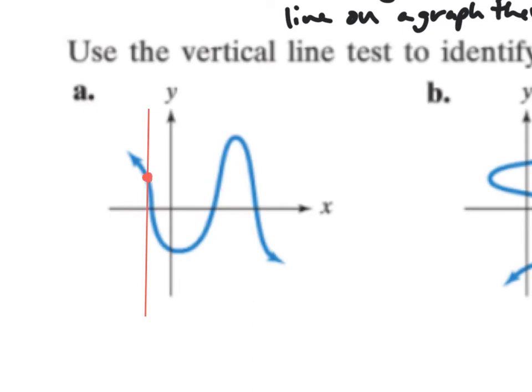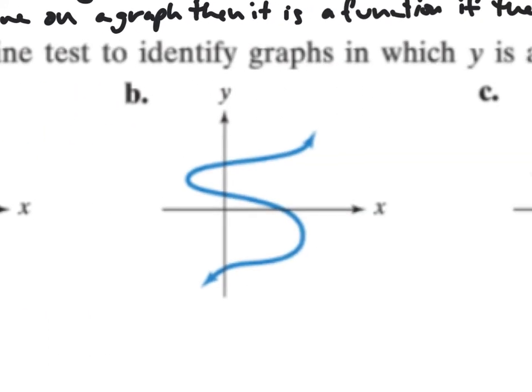I'm just touching the graph at one point. Okay, if I move that around, notice how this graph is only going to hit at one point. Okay, now that's not going to be the case for part B.